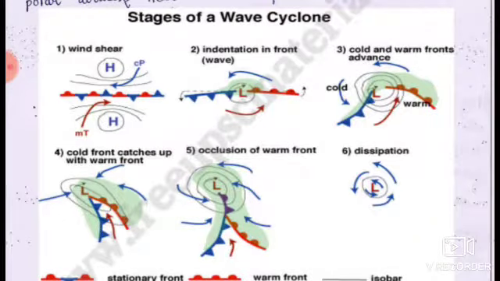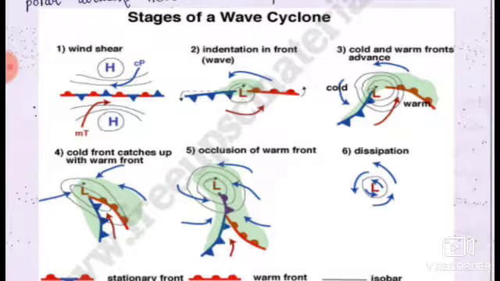So, wind shear, high pressure, low pressure, continental polar on the lower side, and tropical. The second is an indentation in the front wave, with low pressure here.